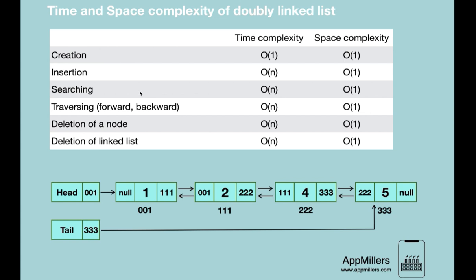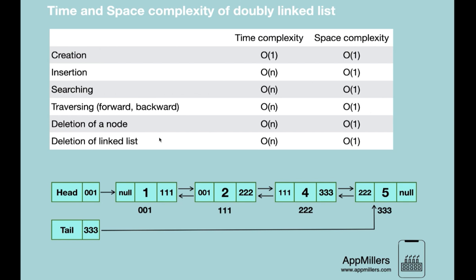So that's why in the worst case, deletion of node from double linked list takes O(n) time complexity, but deleting a node from the end of double linked list takes O(1) time complexity. So if we combine these three cases, in the worst case we get O(n) time complexity. Now the space complexity obviously is O(1) because here we are just deleting one element from double linked list.